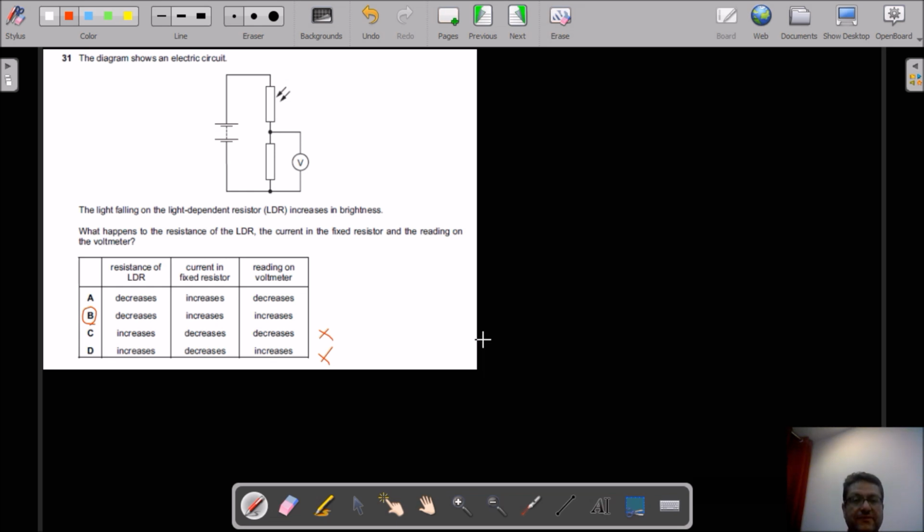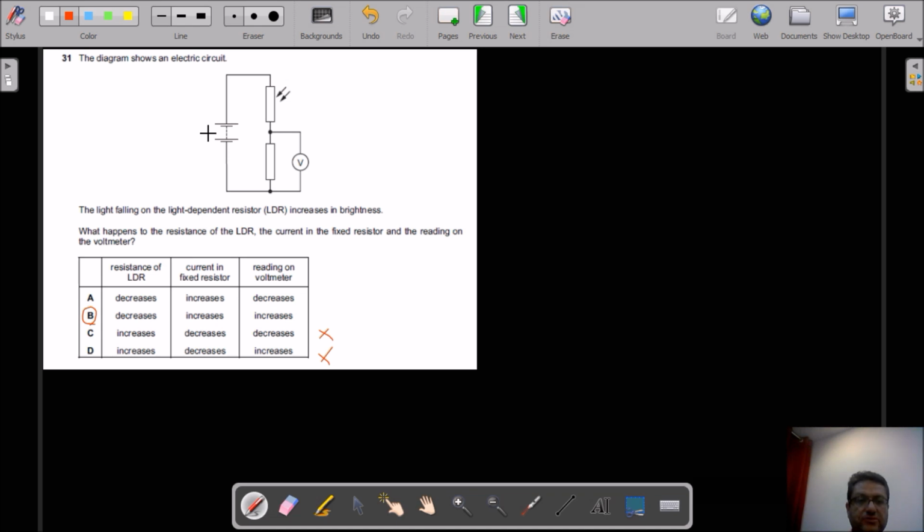And then when current increases. Now reading on voltmeter. We know that power supply has a fixed voltage.